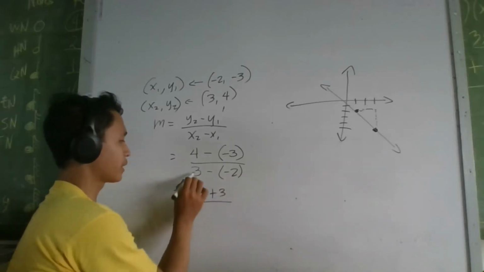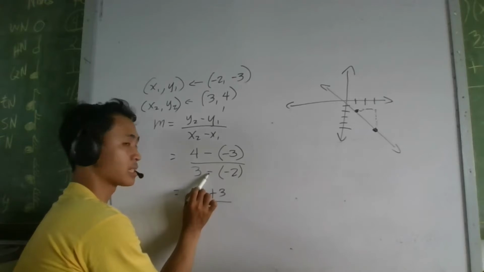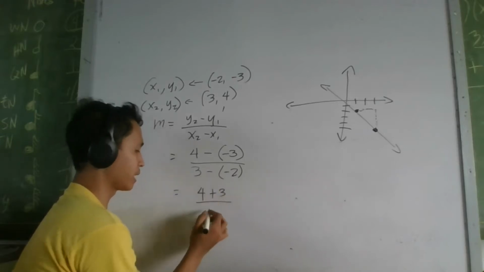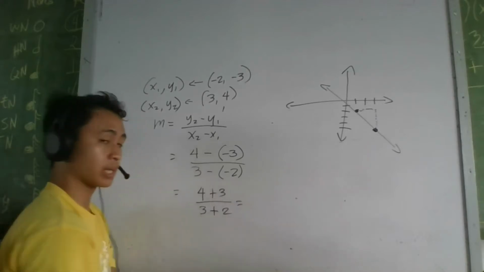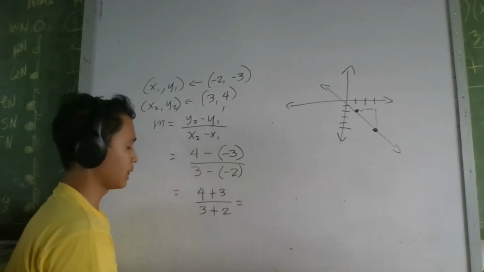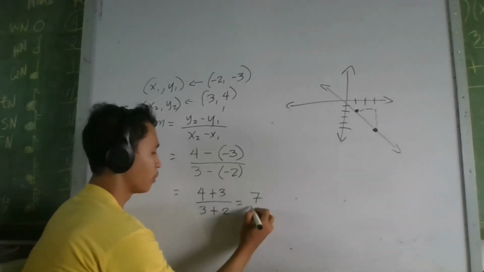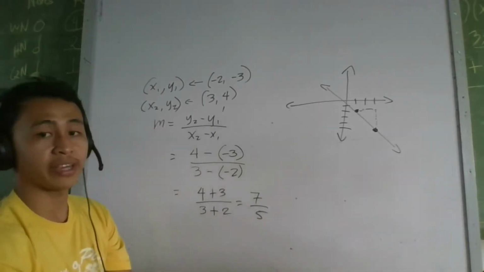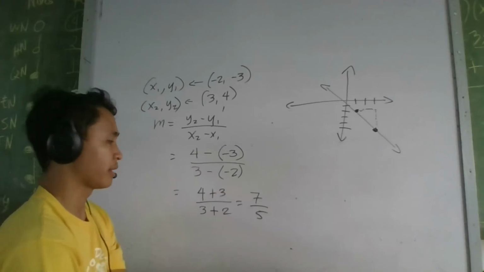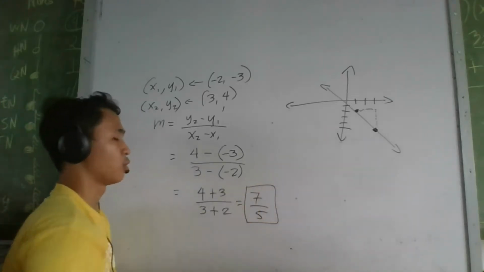That's all over 3. Tapos yung minus as negative, negative times negative, magiging positive, copy yung number. So therefore, mas madali, right? So 4 plus 3 is equal to 7 over 3 plus 2 equals 5. Pwede pa bang masimplify? No, hindi na pwede masimplify. Therefore, this is our slope, 7 over 5.